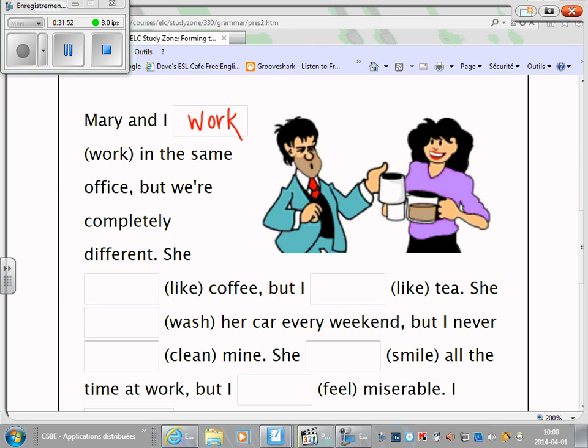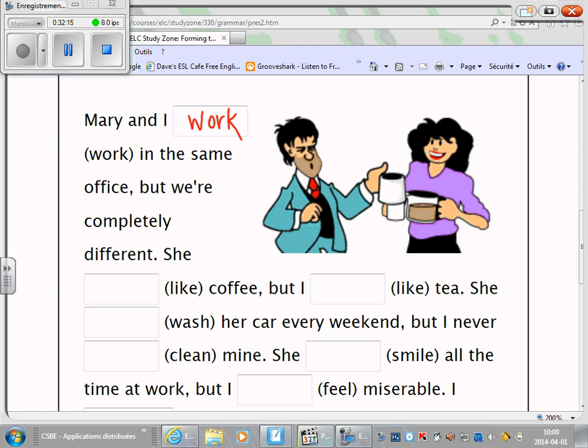Ooh, I think I'm going to like this one. She, verb to like, coffee. Likes and dislikes. Which one was it? Was it simple present or present progressive? Simple present.